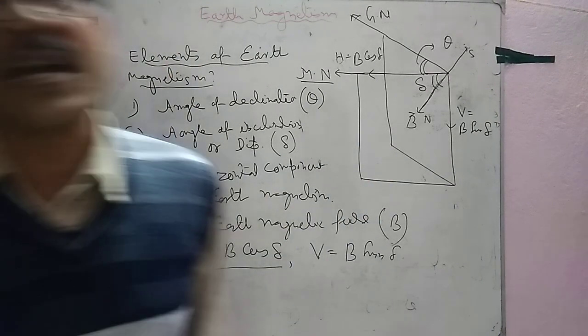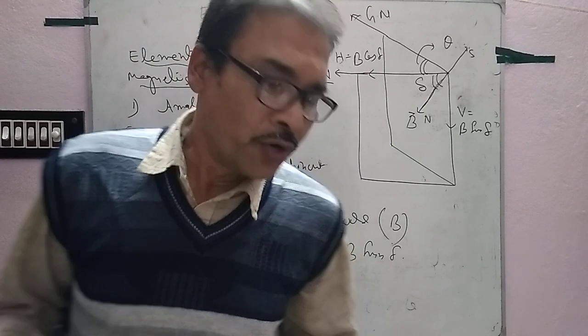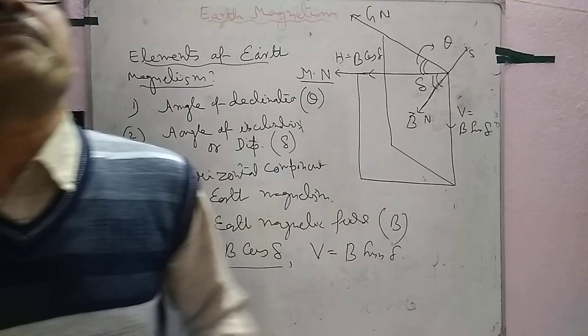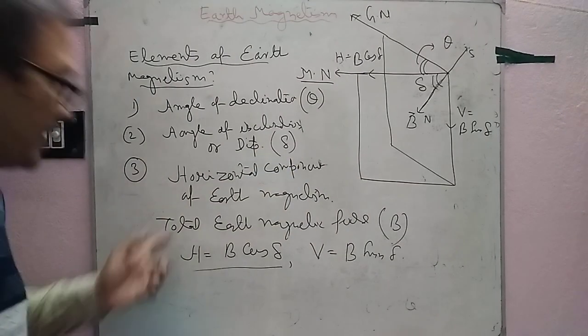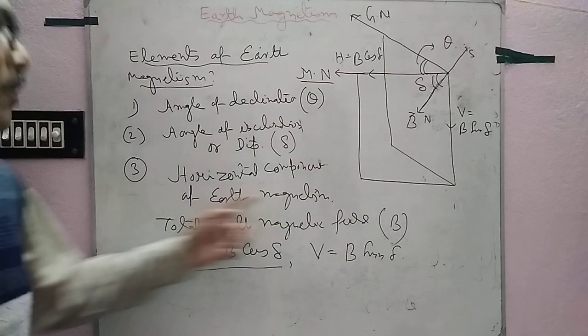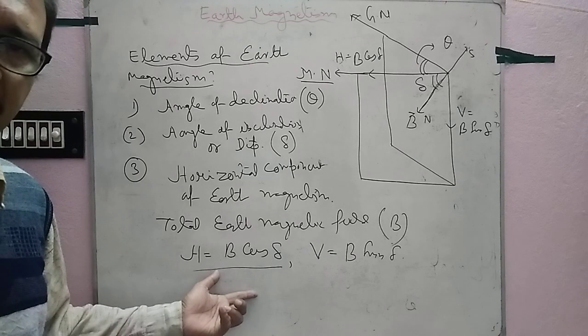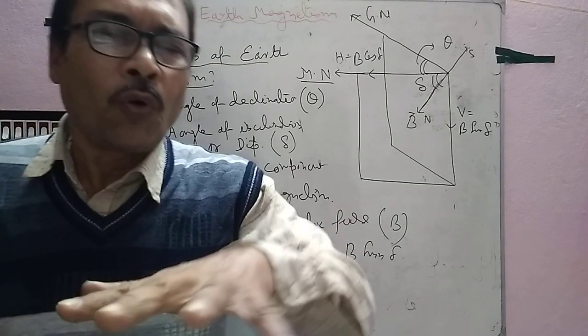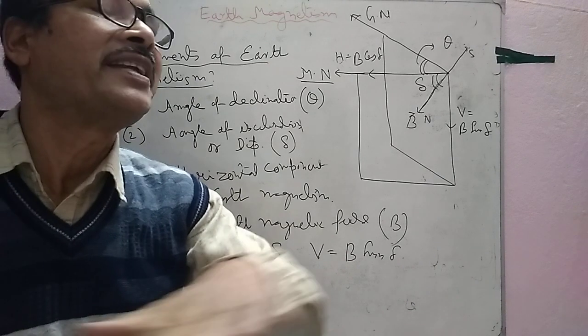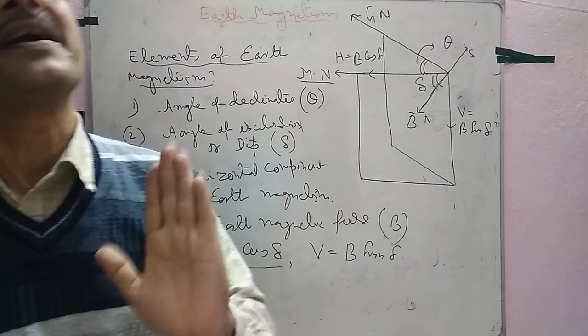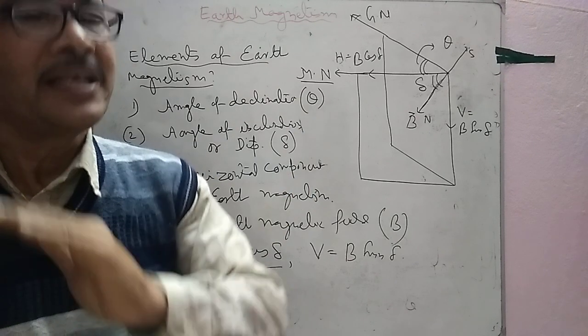In our daily life, for instruments constructed on the basis of a magnet, generally this horizontal component of the earth magnetic field is important, because in all magnetic instruments the magnet can freely rotate in the horizontal plane, not in the vertical plane. They are restricted in the vertical plane.